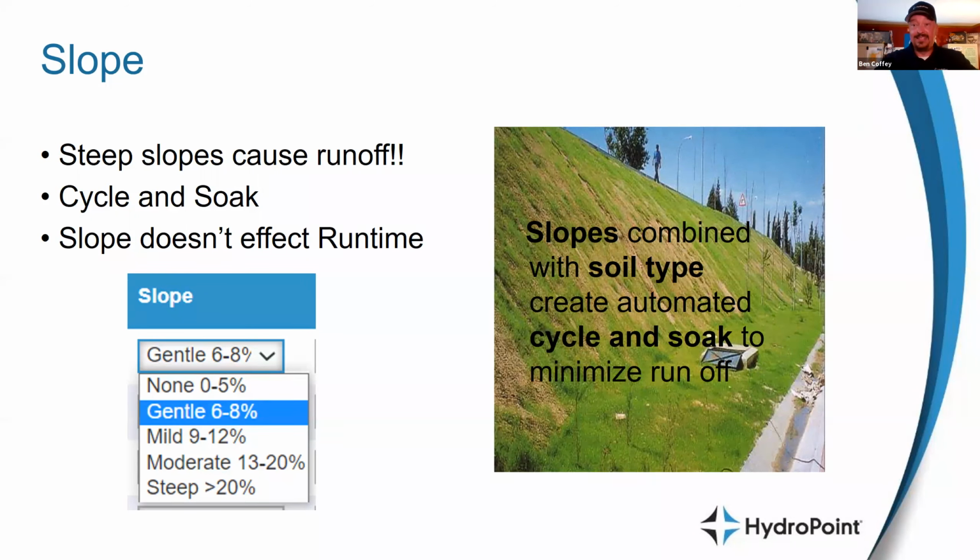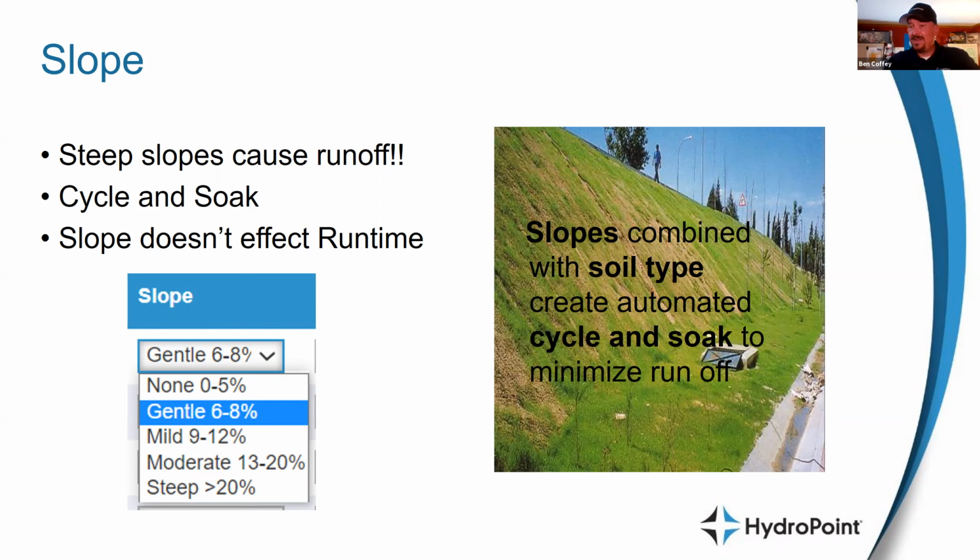So a station that is flat and needs 15 minutes of irrigation, the controller will know that we're not in danger of sending any of that water down the gutter, so we might see all 15 minutes in one cycle. Now, if I bump that slope setting up to a mild slope or a medium slope setting, we're going to still see that same 15 minutes for that station, right?